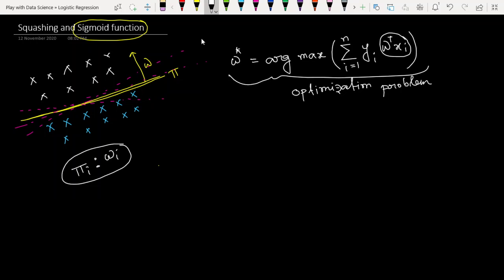At the end of the day we have to find the best w, the optimal w, which we denote as w star.